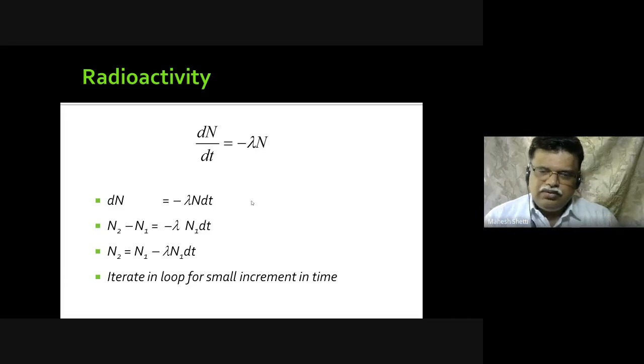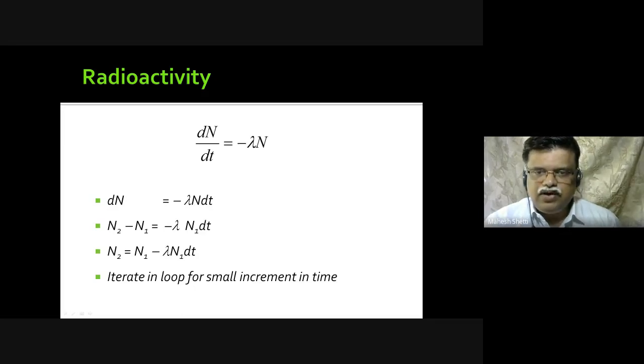We do the addition on the go as time progresses, and we look at the solution as a function of time. So that comes under Euler's method of solving a differential equation, using numerical techniques, of course.